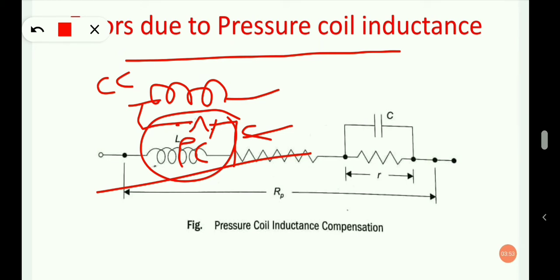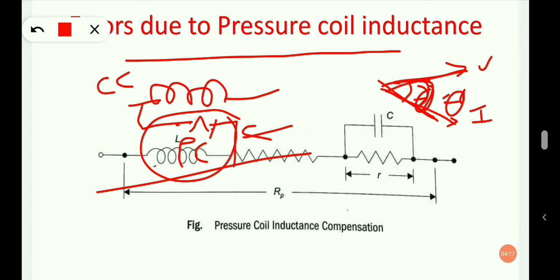Same phase means there is no phase angle. Now if we consider these two quantities, voltage and current, and there is some angle between them, that is the phase angle.